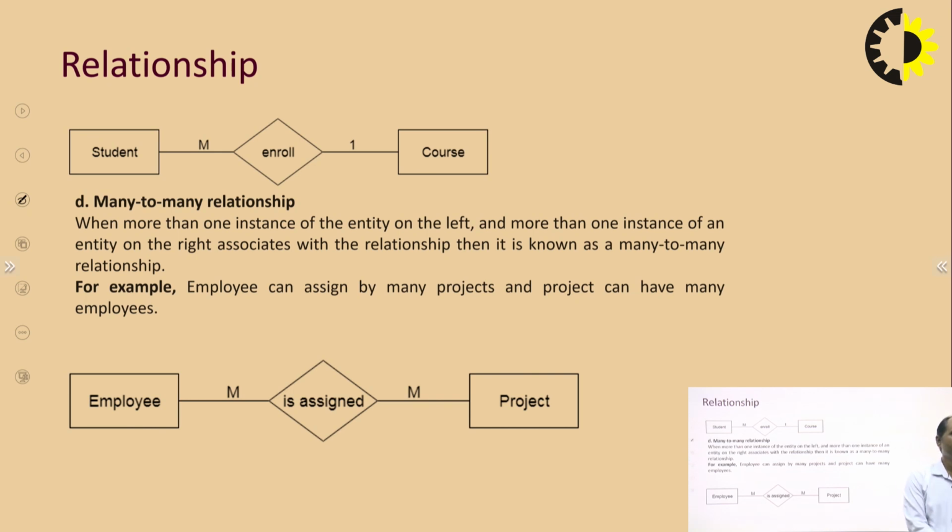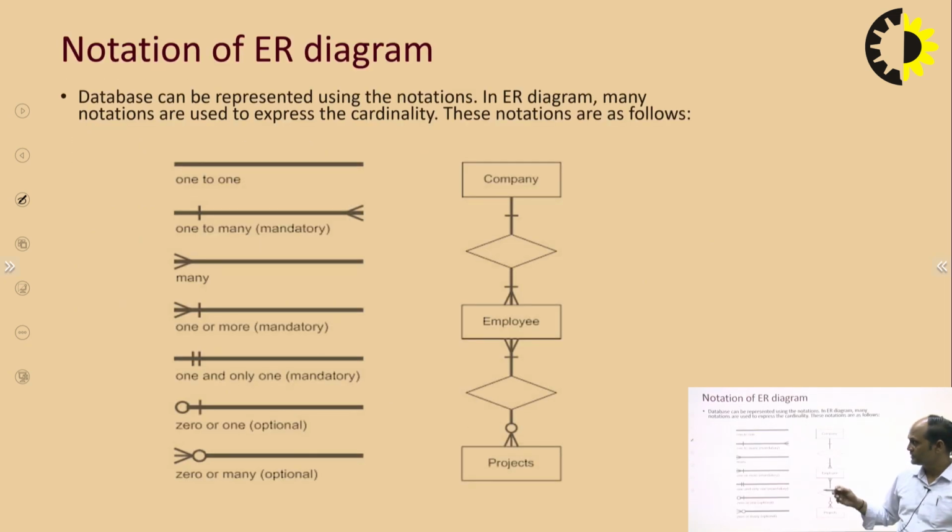When more than one instance of the entity on the left and more than one instance of the entity on the right are associated with the relationship, it is known as a many-to-many relationship. Suppose we take the example that an employee can be assigned many projects and a project can have many employees. If we denote it by M to M, this is called a many-to-many relationship.